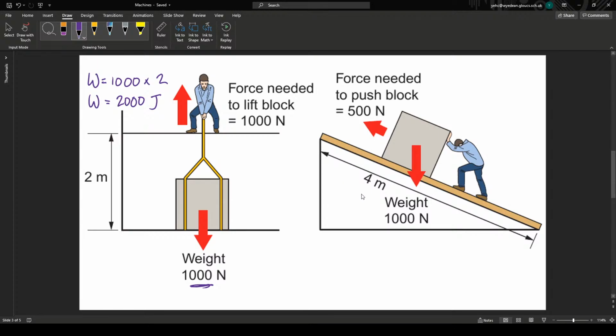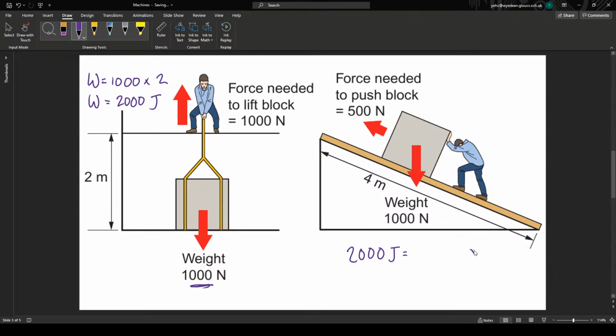So we still want 2,000 joules of energy to be transferred to the box. Its weight is still 1,000, and we still want it to gain 2,000 joules of gravitational potential energy.